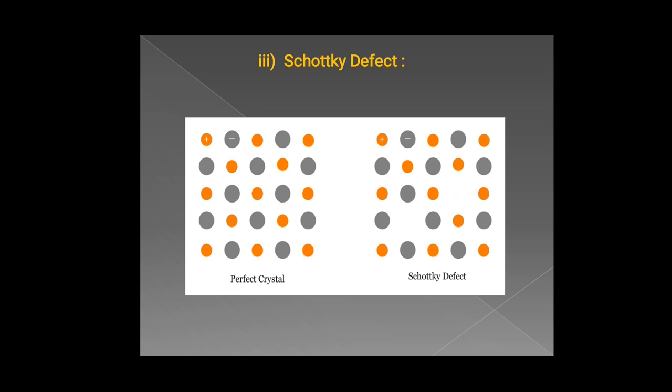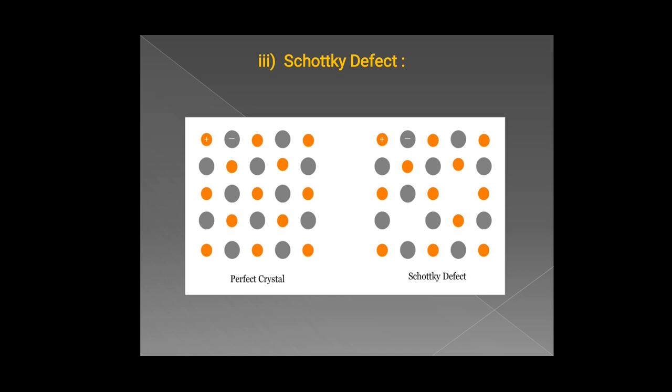If you compare both the diagrams, what happens is a cation and an anion both are missing at the same time. So cation and anion are missed, or they leave the vacant space at a time. So always there is a defect where the cation and anion will be vanished at the same time.